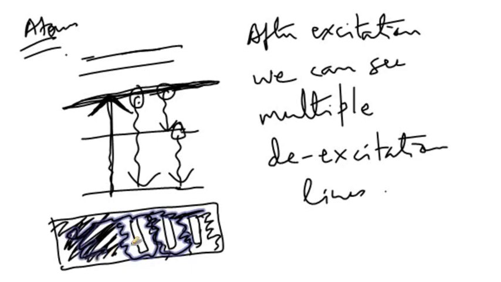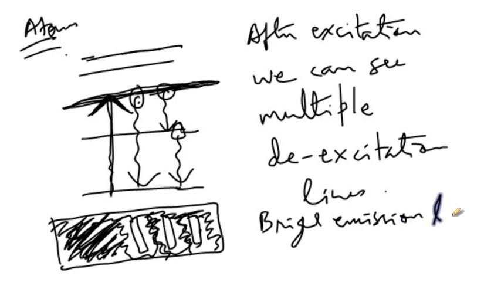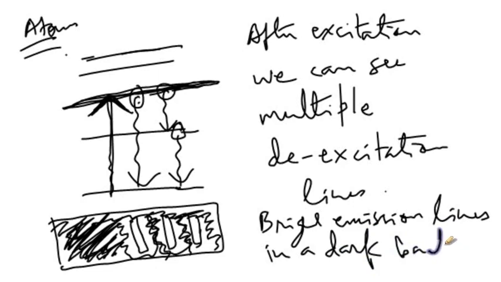So we will observe bright emission lines, not just one line. Here we are observing 3 lines in a dark background.